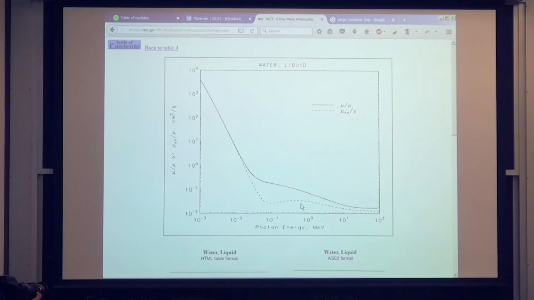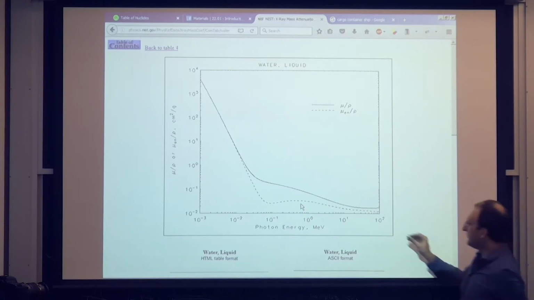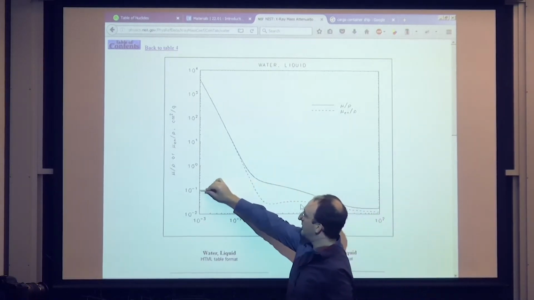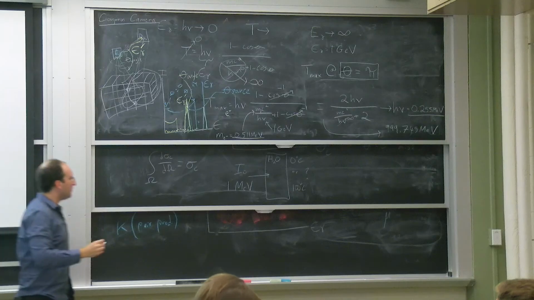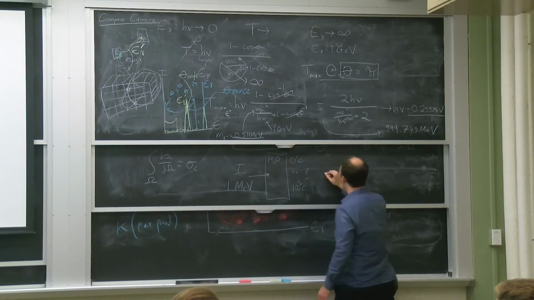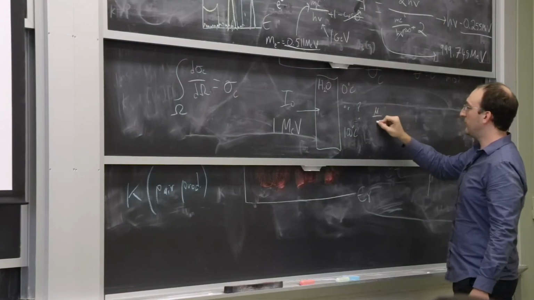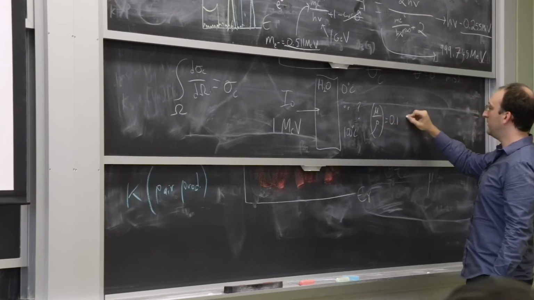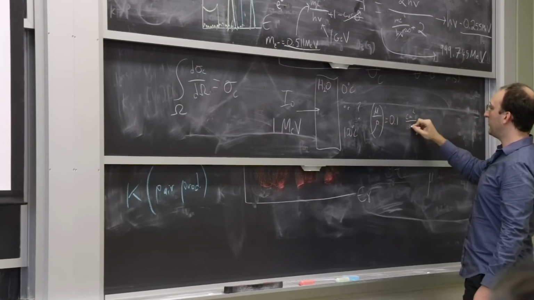Well, we can look that up. And let's say we have to specify an energy of the photons. We'll call it 1 MeV photons. So we can look up and say, at 10 to the 0 MeV, we go over. We get just about 0.1 mu over rho. So mu over rho equals 0.1 centimeters squared per gram.